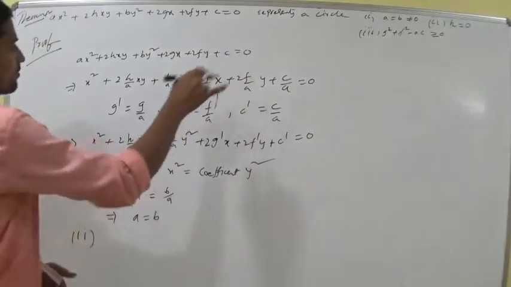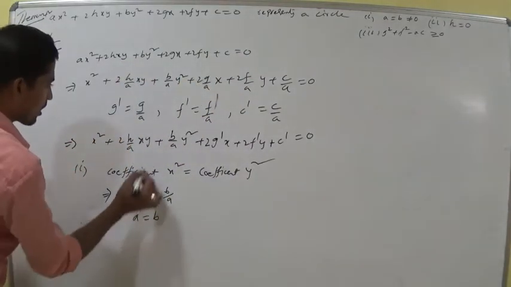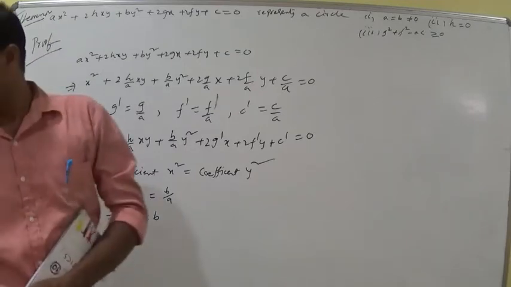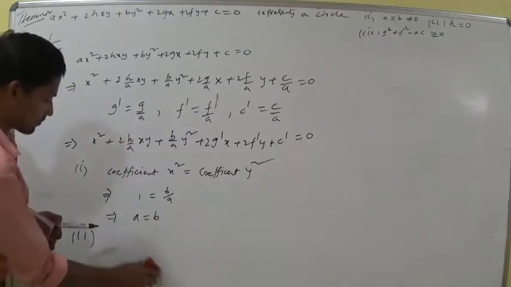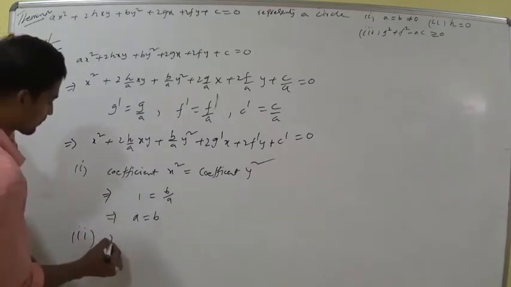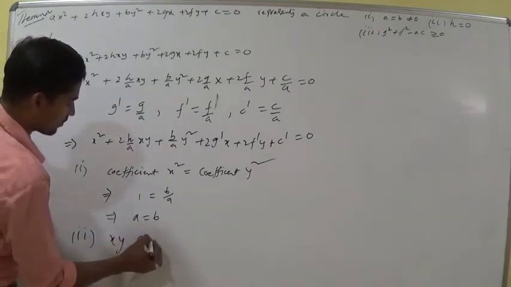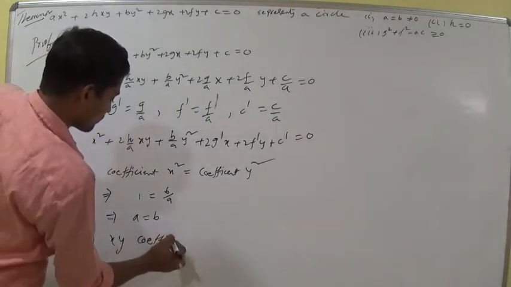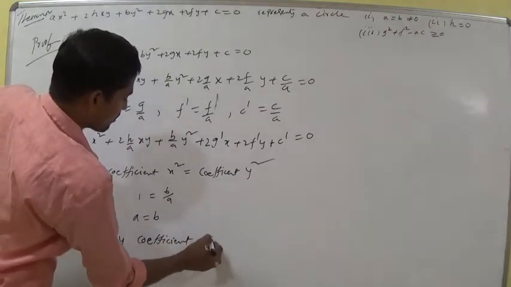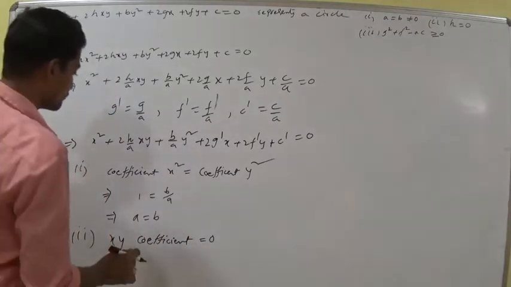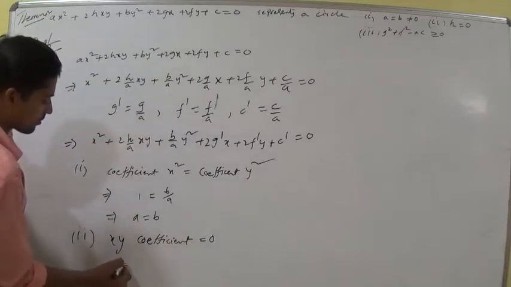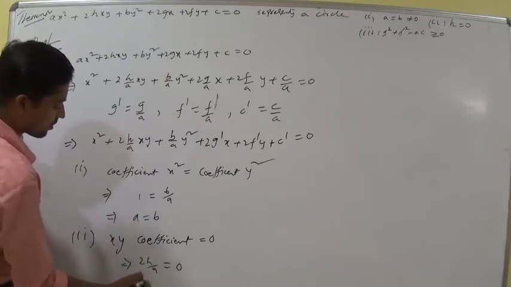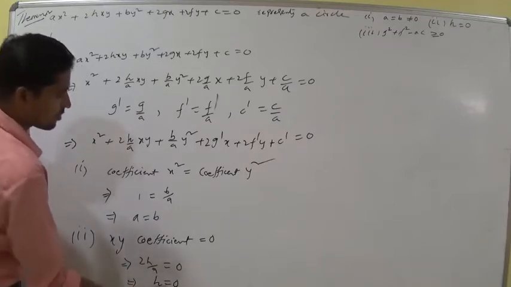Using that condition, the xy coefficient 2h/a equal to 0 implies h = 0.